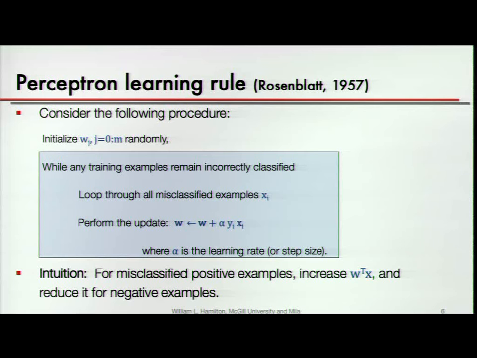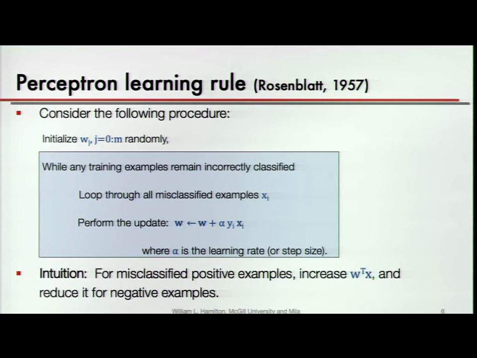The update is that the weight vector equals the previous weight vector plus a learning rate alpha, times the right output for this example, so it's either 1 or -1, times the features. So basically all this is saying is that if we should have classified this example as a 1, then we're adding this term. If we should have classified this example as a -1, then we're subtracting this term.